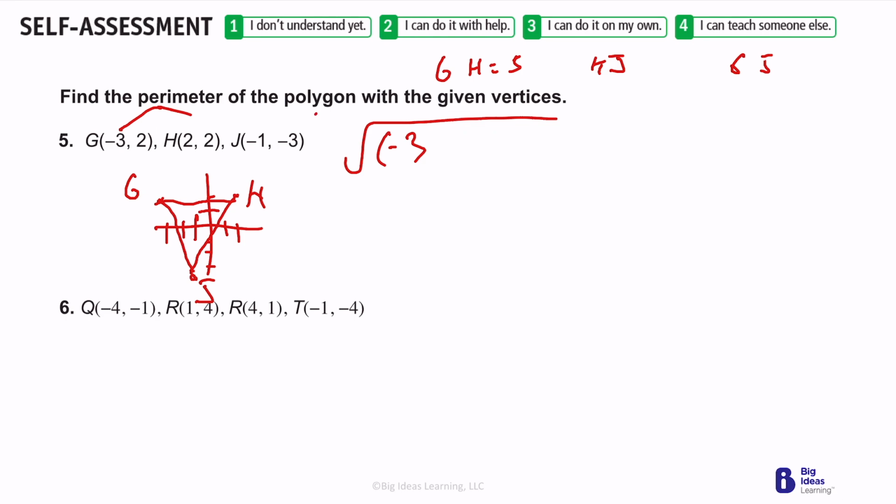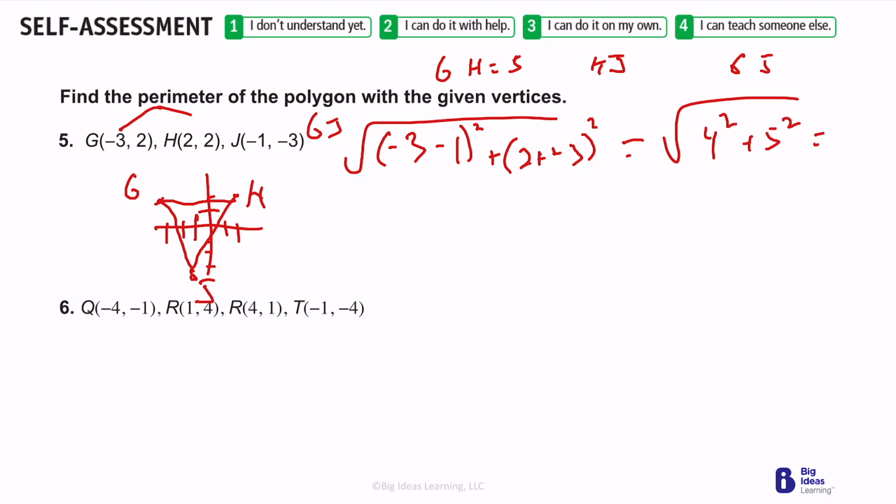I'm going to do GJ next. So for GJ, negative 3 minus 1 squared plus 2 minus negative 3 squared. So that's going to equal 4 squared, again ignoring the negative sign. 2 minus negative 3 is double positive, so that's 5. So plus 5 squared. So square root of 41.